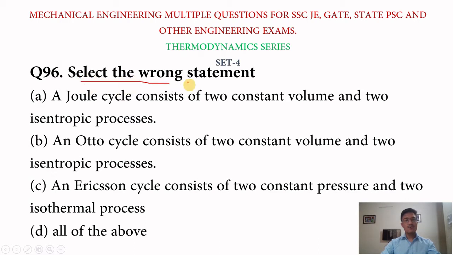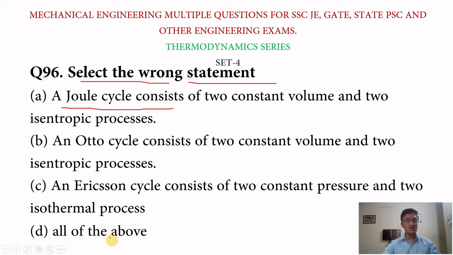Select the wrong statement. We have four options given. A, Joule cycle consists two constant volume and two isentropic processes. Option B, an Otto cycle consists of two constant volume and two isentropic processes. Option C, an Ericsson cycle consists of two constant pressure and two isothermal process.